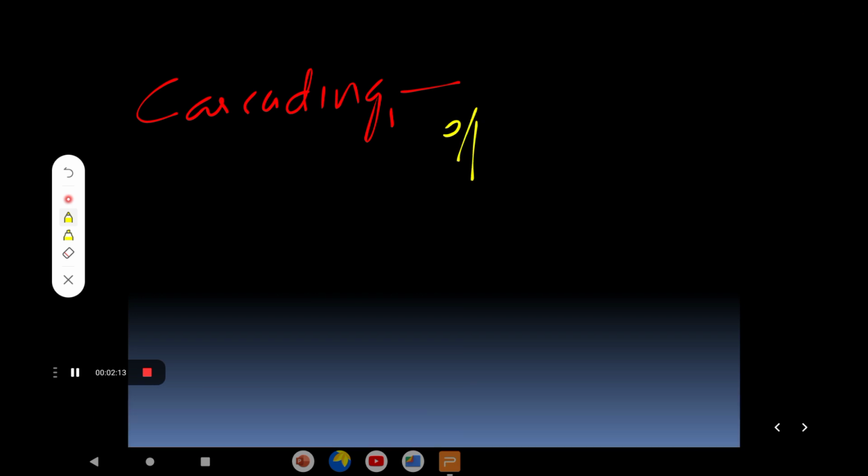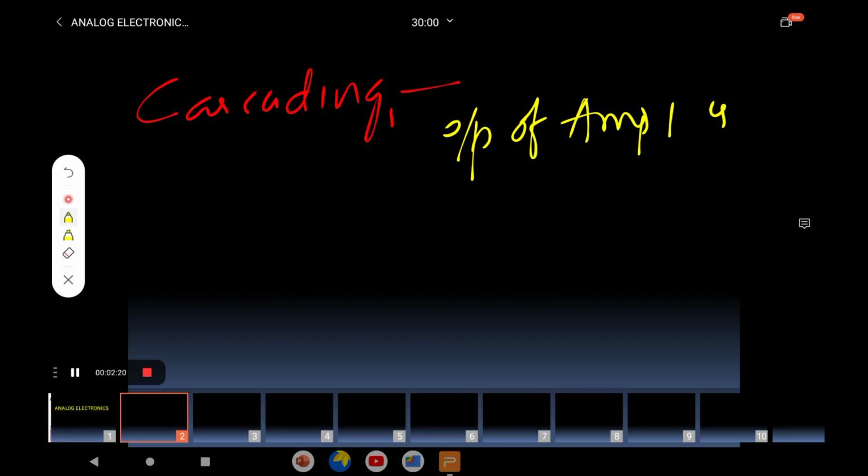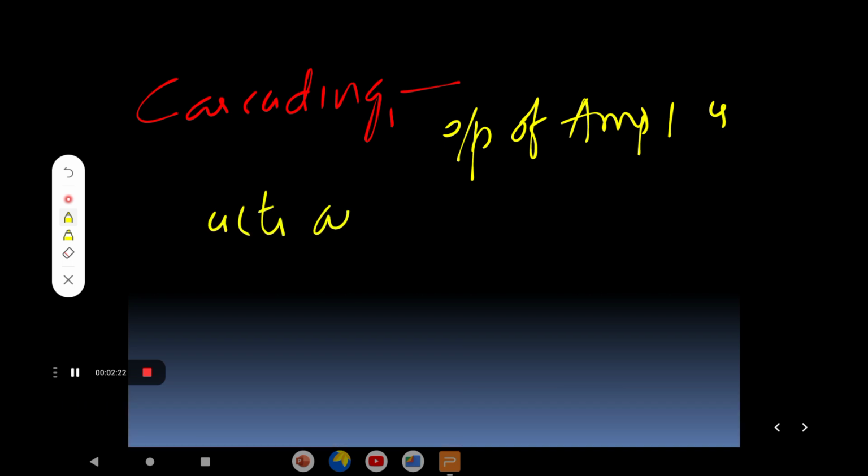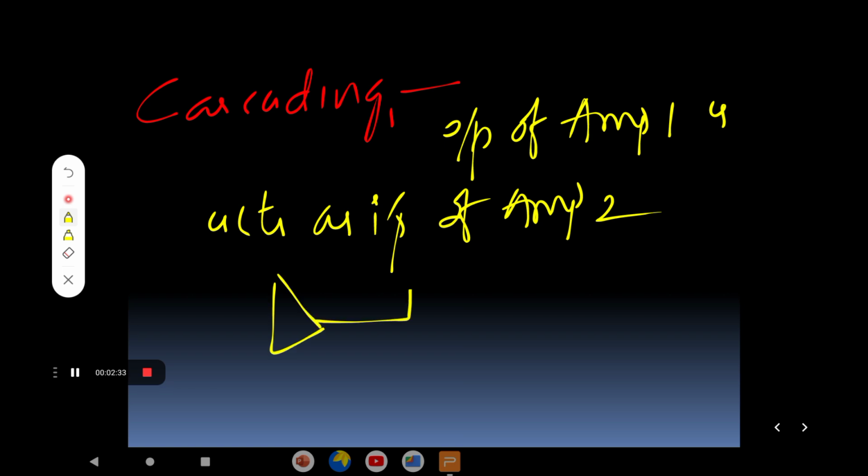I can simply write this: the output of amplifier 1 acts as input of amplifier 2. That is simply called cascading. For that purpose I will consider this amplifier block diagram.